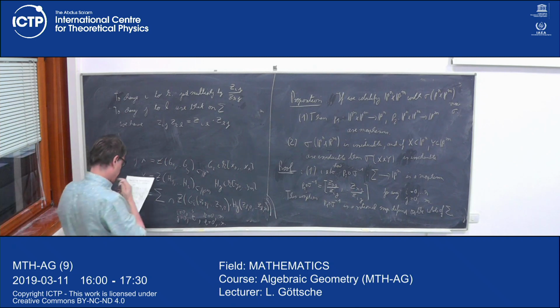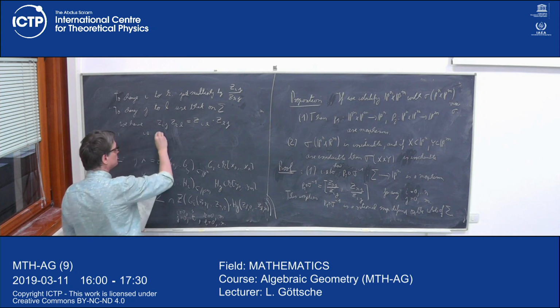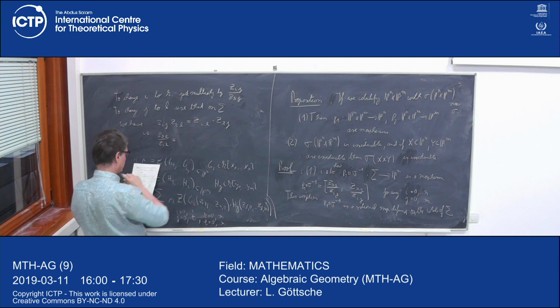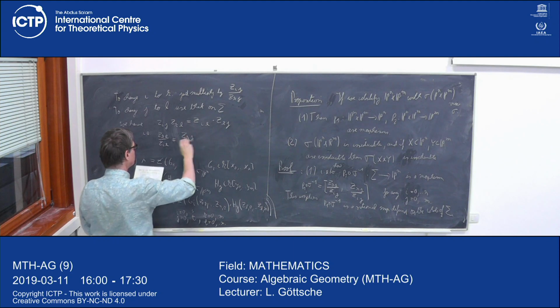And so Ckl divided by Cil is equal to Ckj divided by Cij.